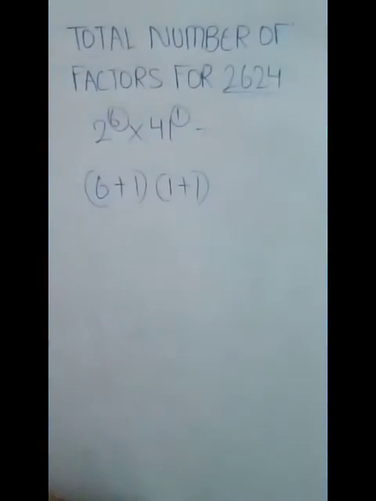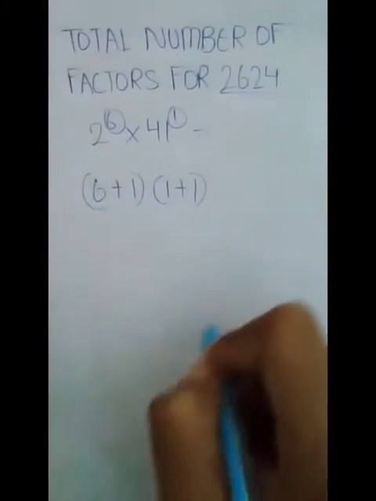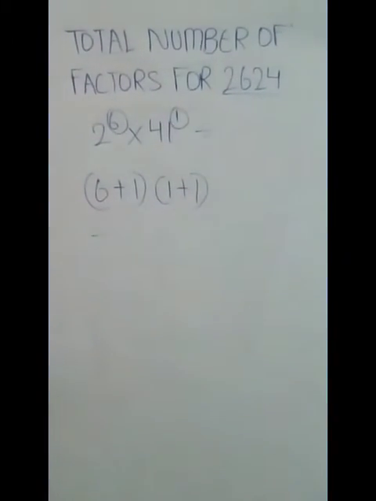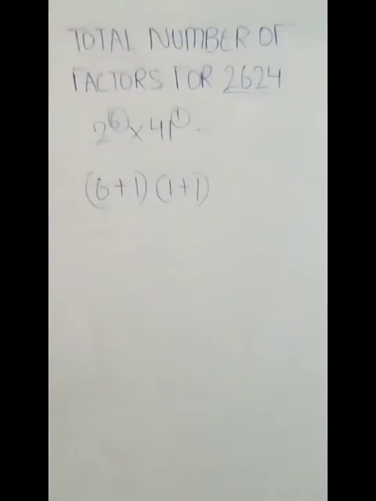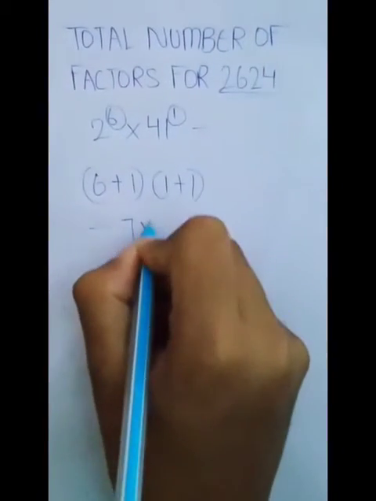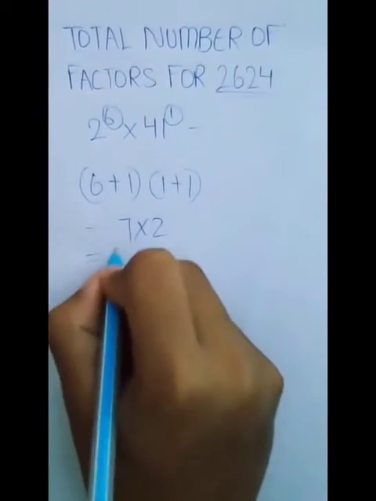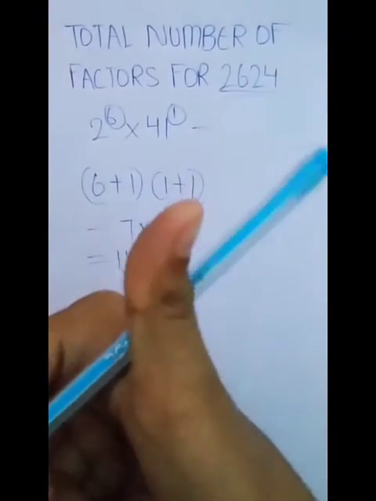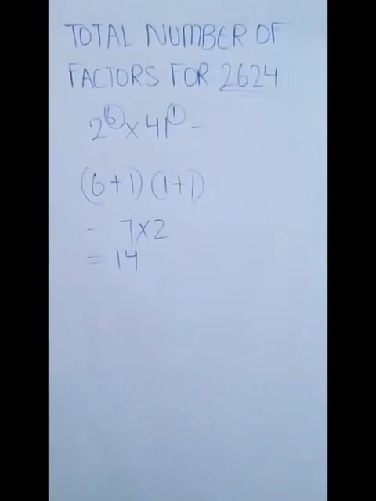Here we have 6 and 1, right? So that will be equal to 7 into 2, that's 14. Clear? Now we will go to sum of factors.